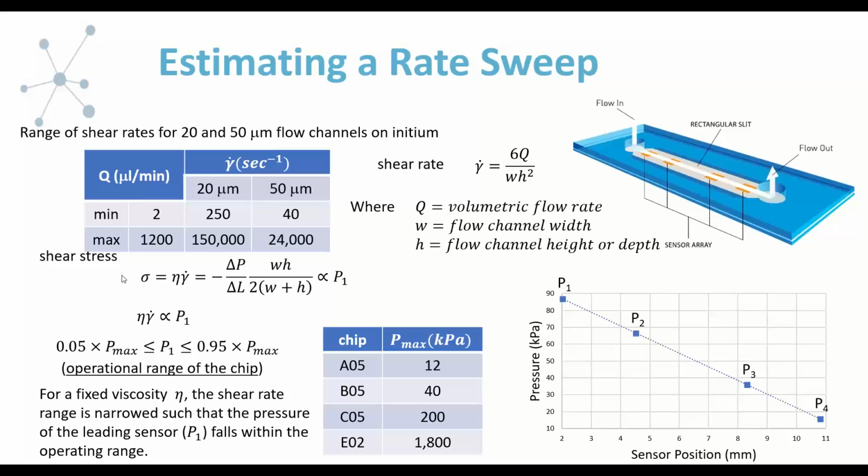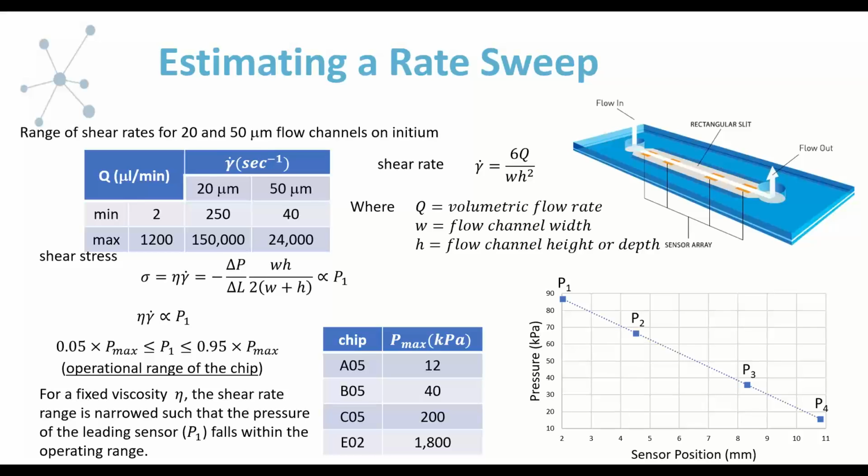And so long as the pressure of the leading pressure sensor is beneath the maximum pressure of the chip, then you will be able to perform the experiment. And this maximum pressure is really dictated by the viscosity of your sample as well as the shear rate that you use upon your sample. So the combination of these two parameters is what's going to dictate your pressure.